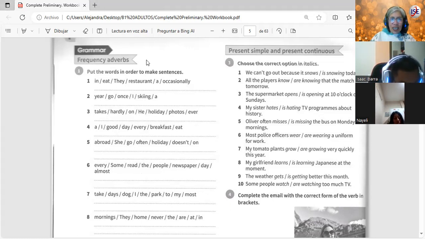Okay, let's check an image I have here in my computer about the difference between simple present and present progressive. Between simple present and present continuous, okay? Let me get it.